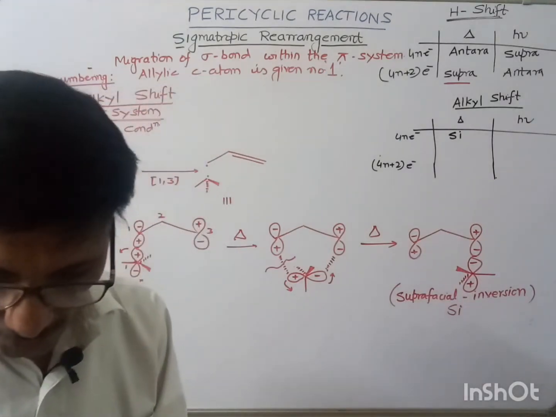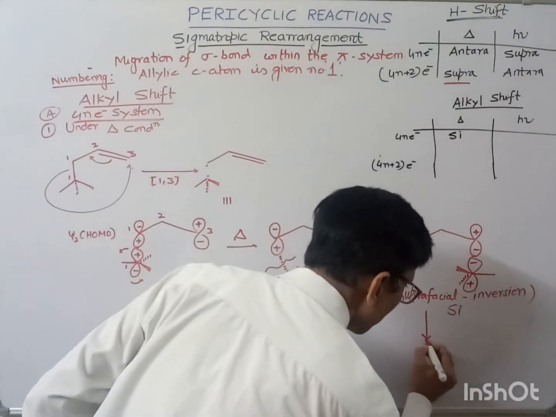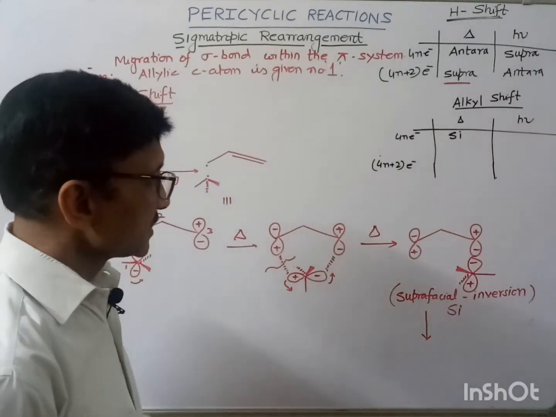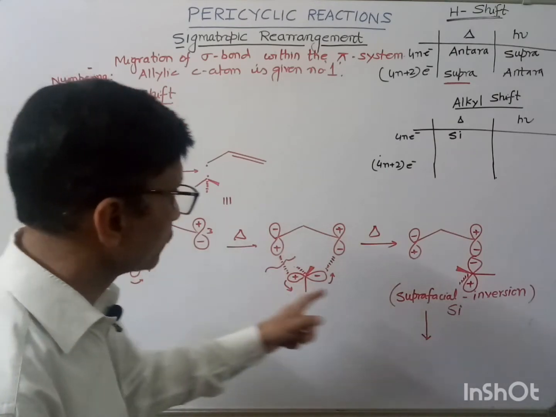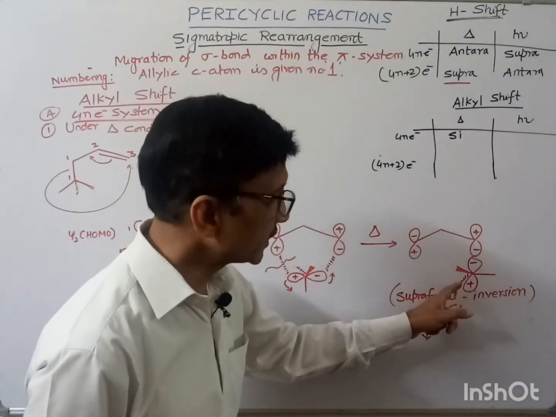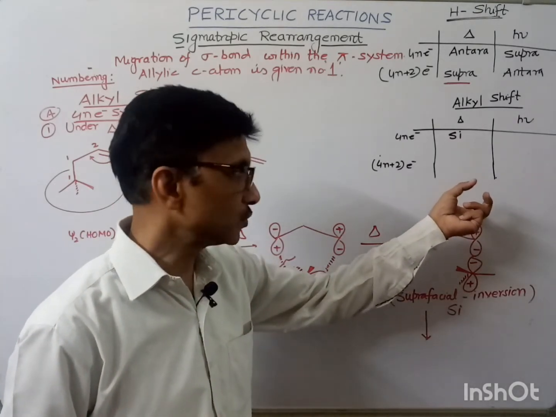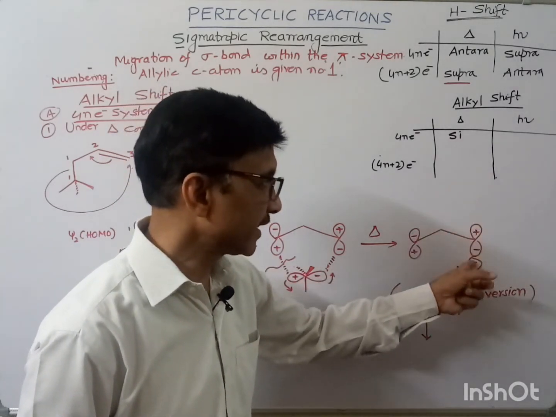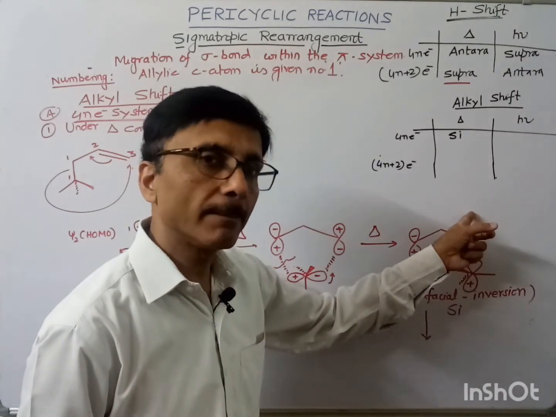Either SI or in another way. Suppose this positive lobe which is down can also form bond from the upside, from here. Here negative and here positive can form a bond with positive after migration.